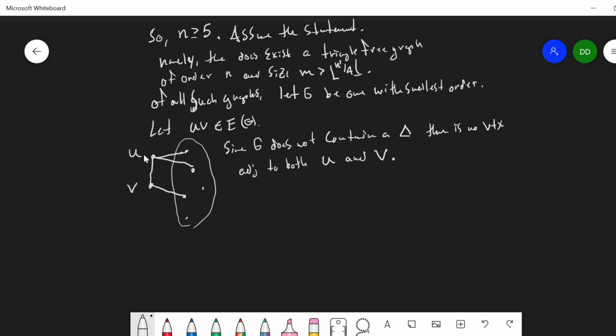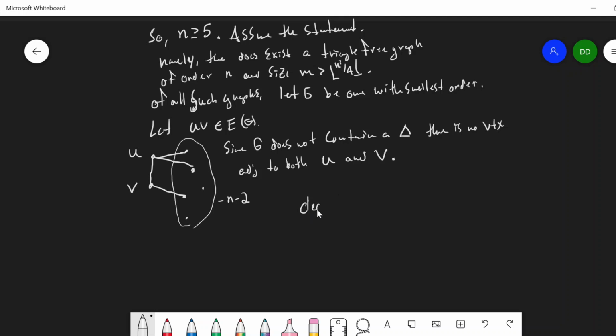It's possible that the union of the neighborhoods of u and v is all of the remaining vertices. So there's n minus 2 vertices over here. And that would be accounted for by adding up their degrees, less 1 because u and v are both adjacent to each other.